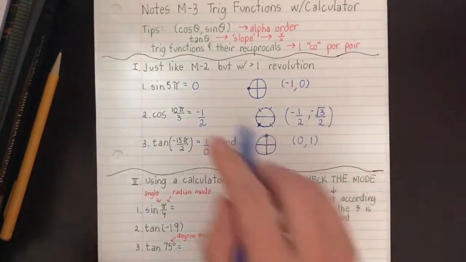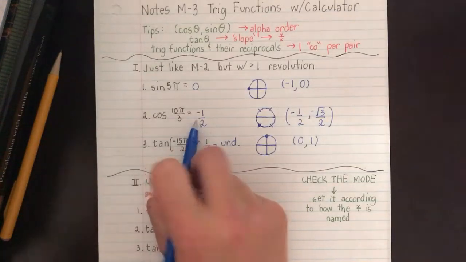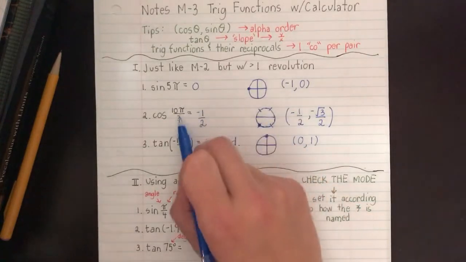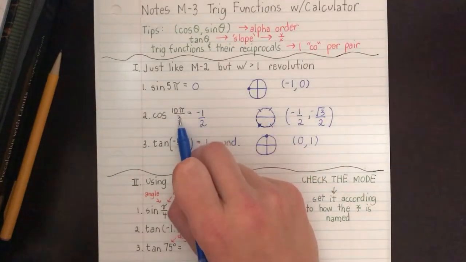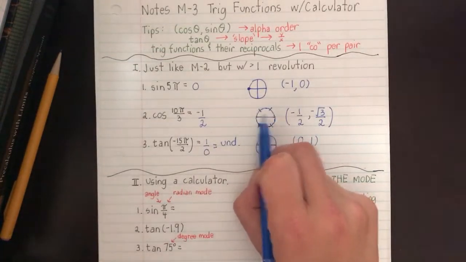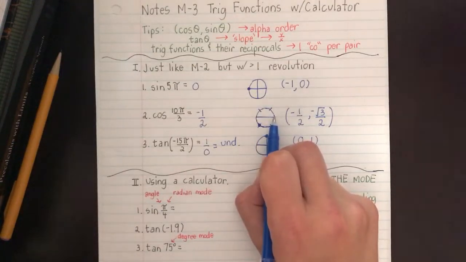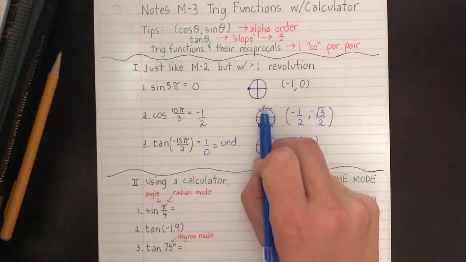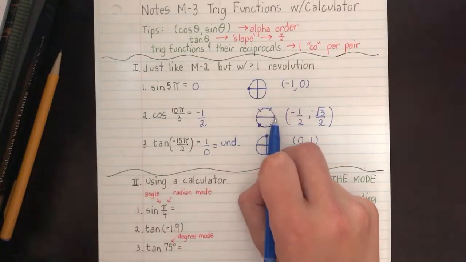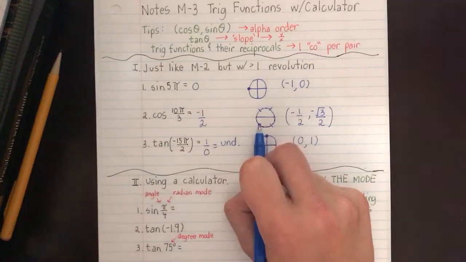Look at number 2. Cosine of 10 pi over 3. How did I get -1/2? I've cut the horizontal piece of the unit circle, but not the vertical, because I'm dealing with 10 pi over 3, so I want to think about thirds of a whole. This is our whole pi, so I've cut this into thirds on the top and bottom. Starting at 0, this is 1 pi over 3, 2 pi over 3, 3 pi over 3, 4 pi over 3, 5 pi over 3, 6 pi over 3, 7 pi over 3, 8 pi over 3, 9 pi over 3, 10 pi over 3.